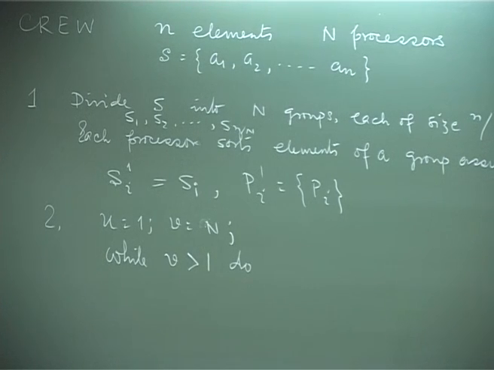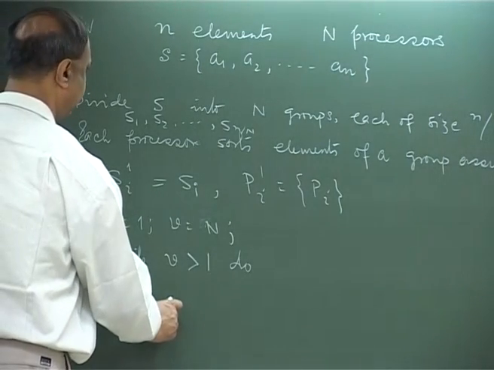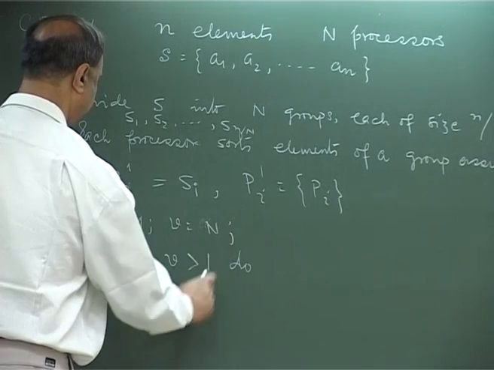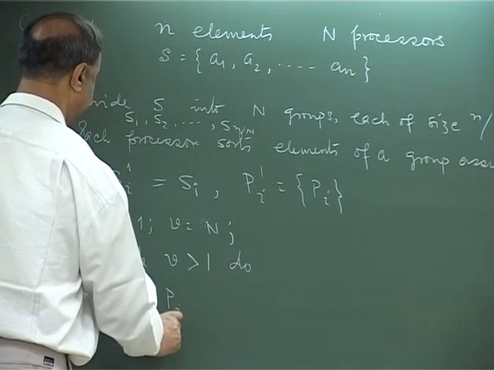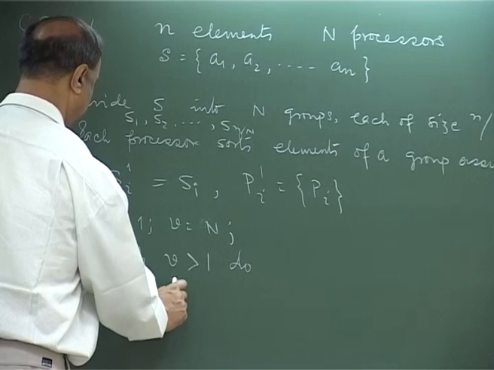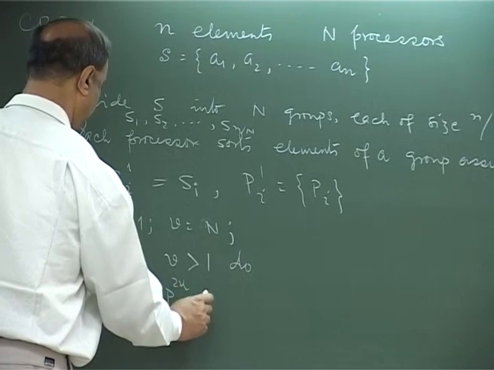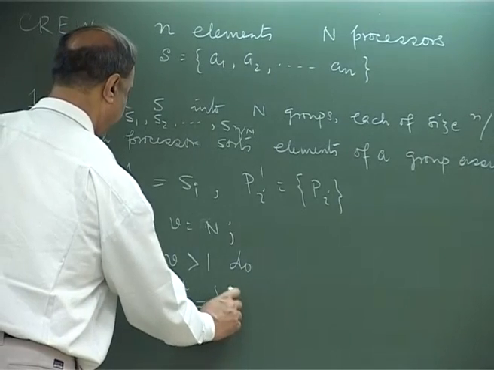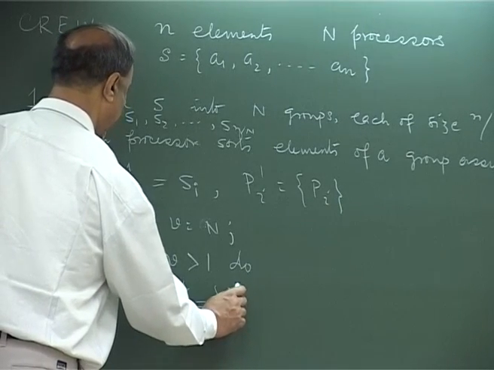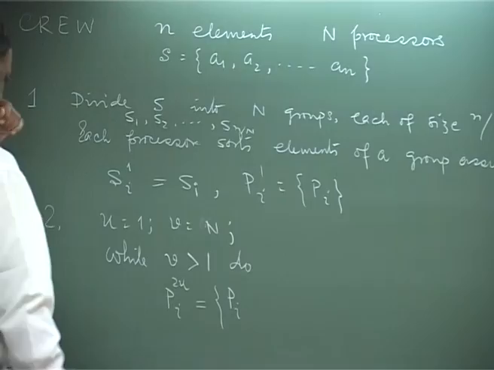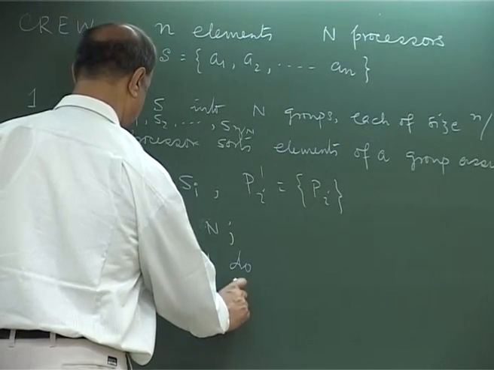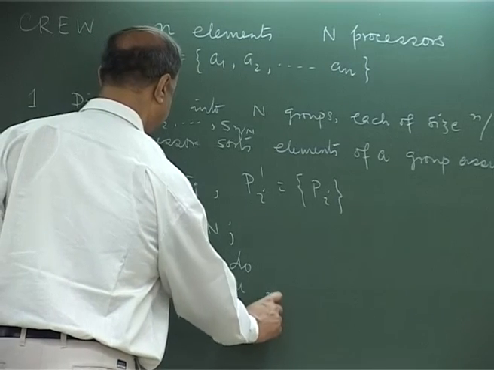you have to merge. So you define the number of processors you are going to employ as P2i and P2i minus 1.